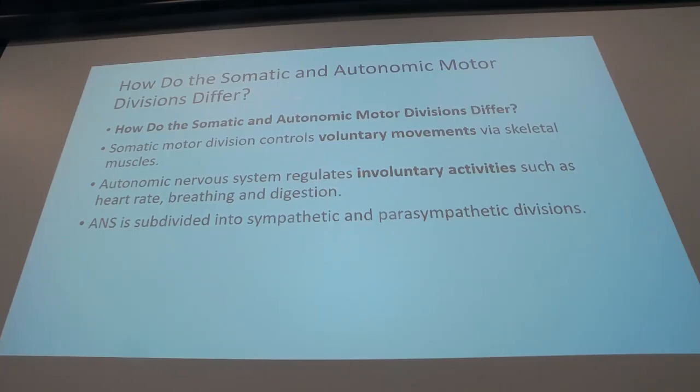So what is the difference between somatic and autonomic motor divisions? Well, somatic is voluntary, so we can control the contraction of our skeletal muscles. And then the autonomic nervous system is involuntary. So it controls functions like contraction of our heart, so it gives us a particular heart rate, and also helps us to breathe and to digest.